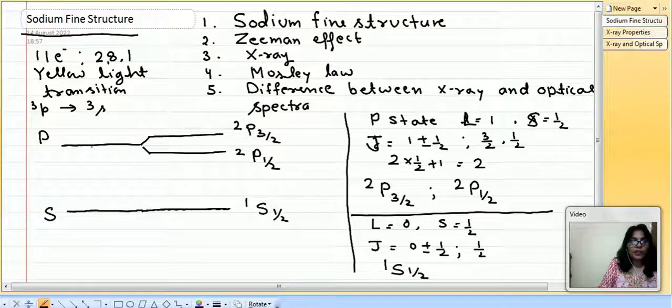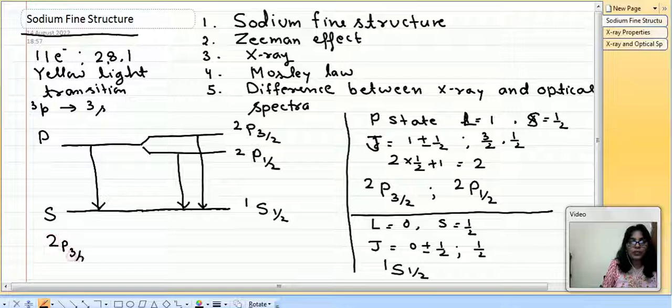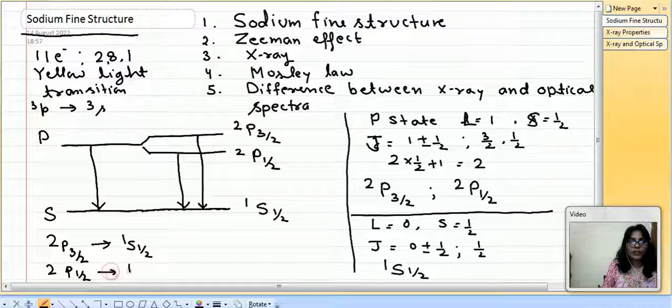In absence of the LS coupling, there was only one transition like this, but because of the LS coupling there is splitting. Therefore instead of one, now we have two lines. One transition is from 2p 3 by 2 to 1s half, and another transition is from 2p half to 1s half.